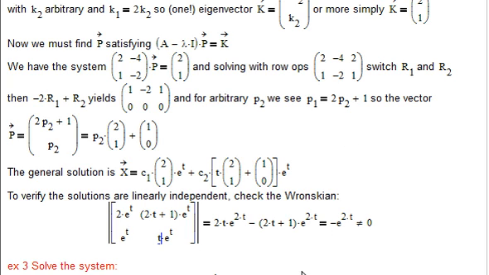Fixed. So, let's see what that is. That's 2t e to the 2t minus 2t plus 1 times e to the 2t. And if you do the arithmetic on that, you wind up with negative e to the 2t, and that can never be 0. So there we have it, a second linearly independent solution.